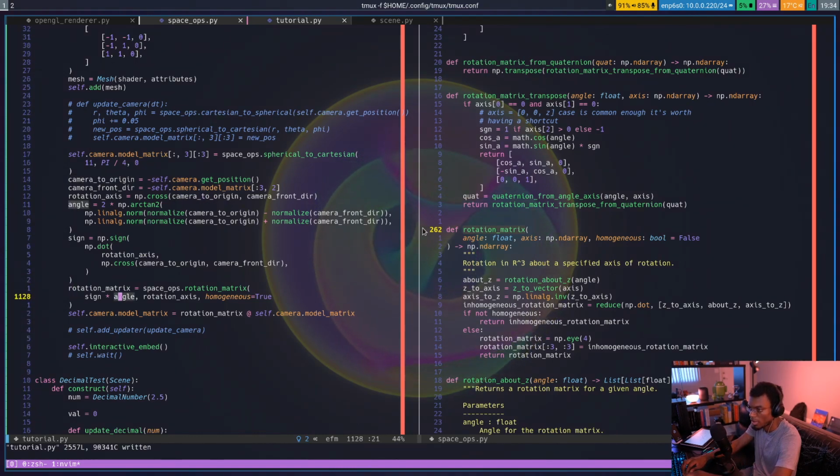It should be the angle, and I'm just going in the other direction. Let me just rotate it by pi over 4. Like negative pi over 4.